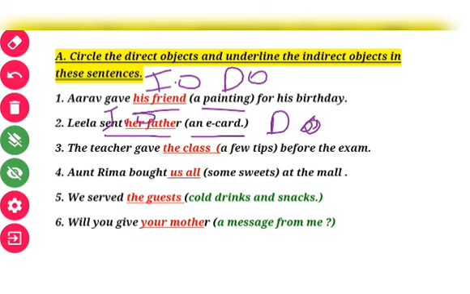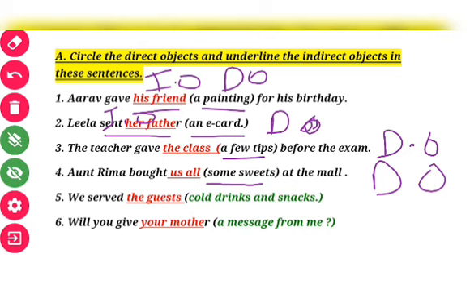Number 3. The teacher gave the class a few tips before the exam. Class will be the indirect object, a few tips will be the direct object. Next: Aunt Rima brought us all some sweets. So us all is the indirect object, some sweets will be the direct object.